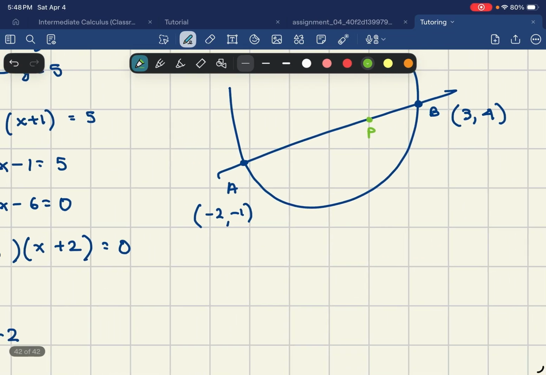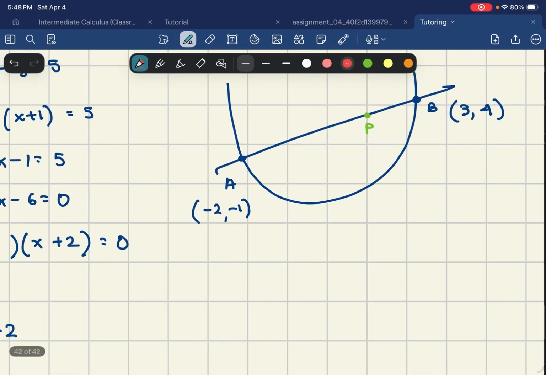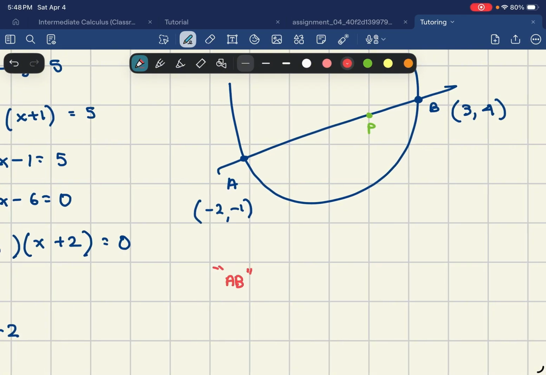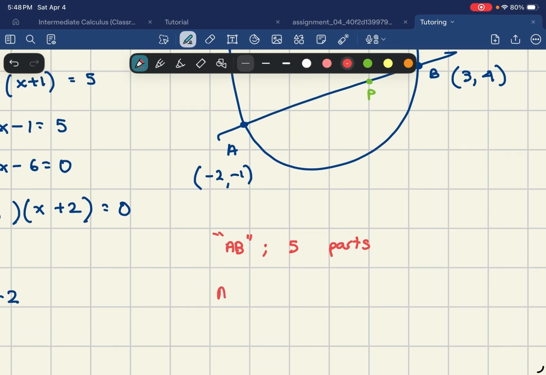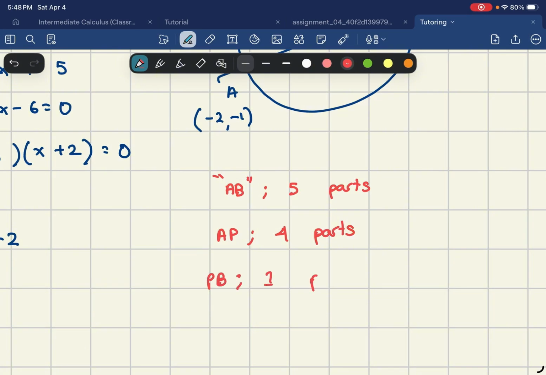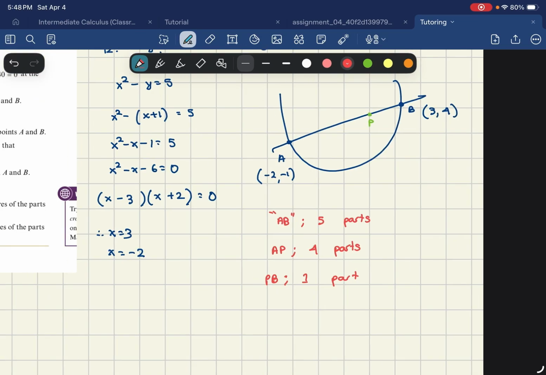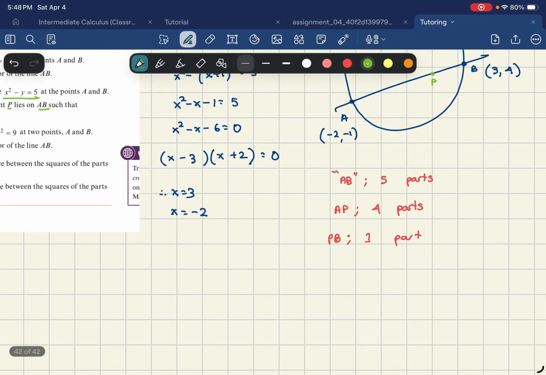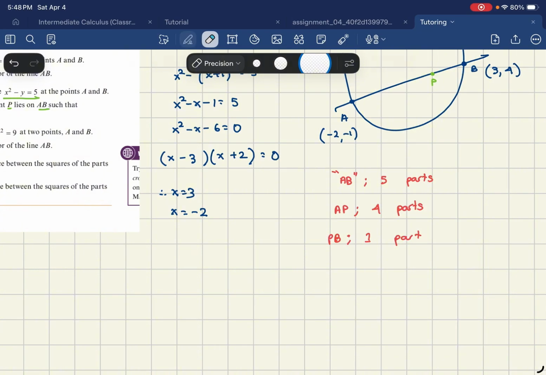That basically means that if AB is 5 parts, then AP is 4 parts, and PB is 1 part. So you have 4 parts of AP and then 1 part of PB giving you the total AB. All right, so that is the idea behind the ratio given here.